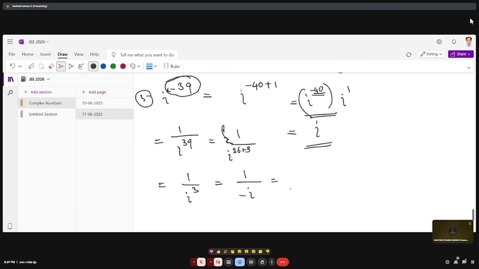So what is 1 by minus i? Multiply by minus i by minus i, and you get minus i by minus 1, because i square is minus 1. So minus i by minus 1 is i. So you're getting the same answer, but this is much more complex than what I wrote in the beginning. So you simply write it as i power minus 40 plus 1.